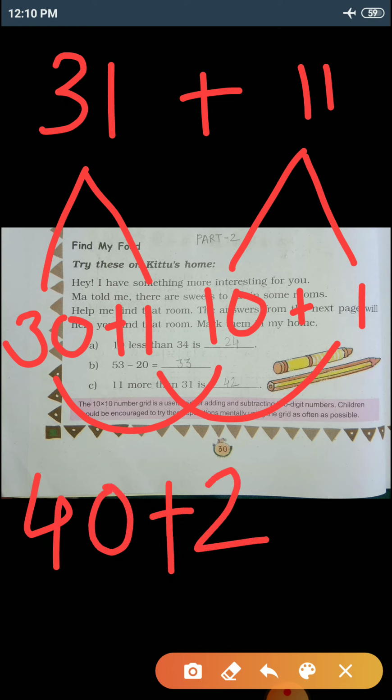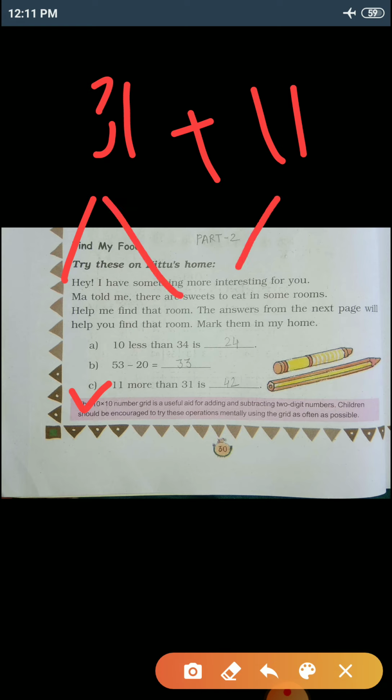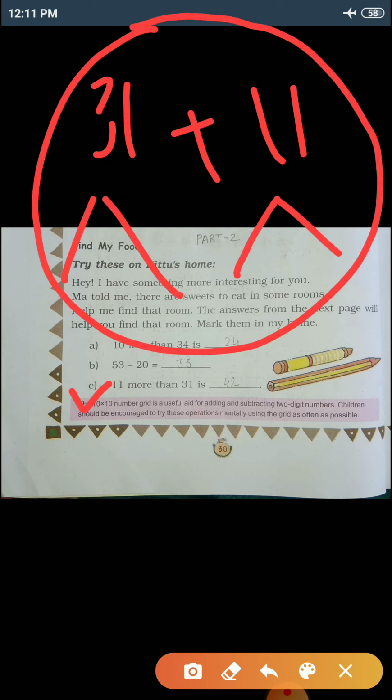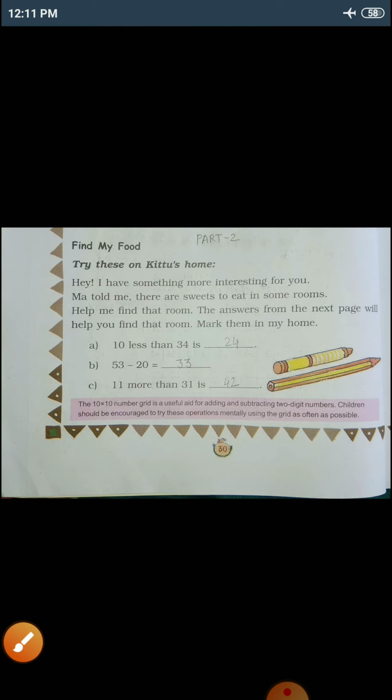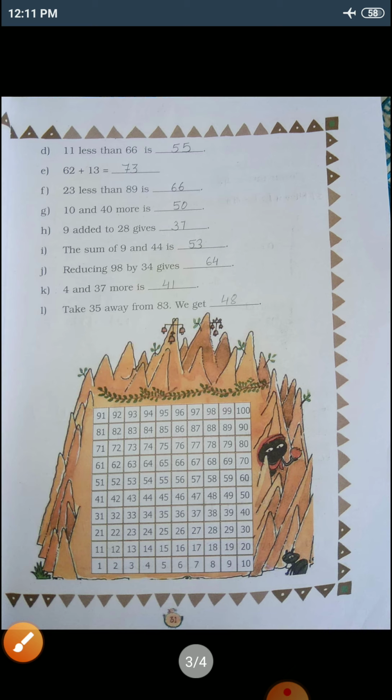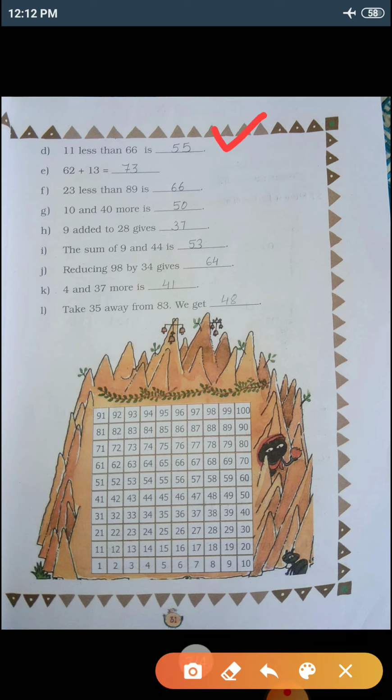So students, in this example which I have solved, 31 plus 11, by dividing the numbers in two parts, this method is for improving your mental calculation. There are many more examples. With the help of those examples, you can easily make calculations mentally.